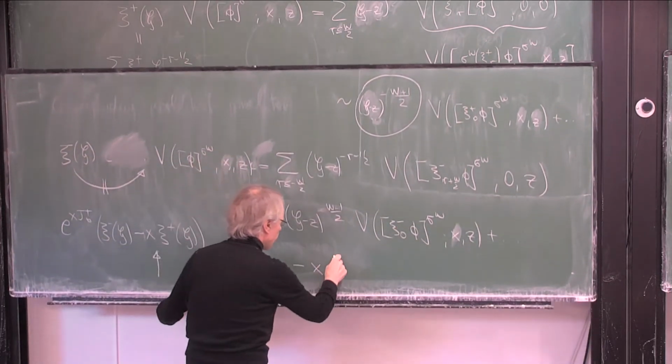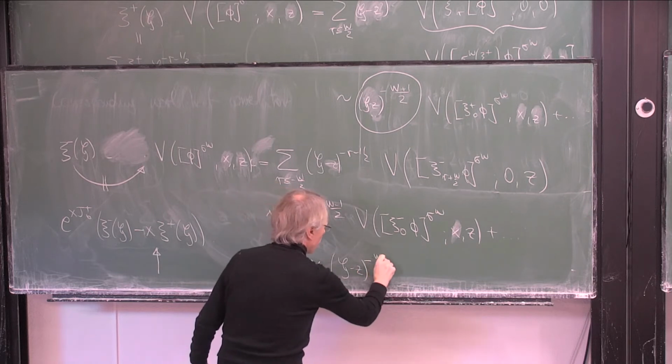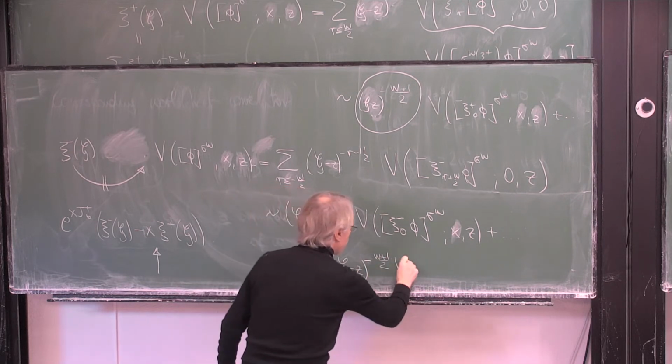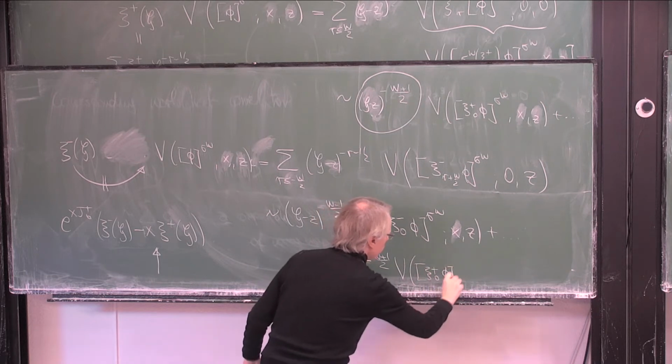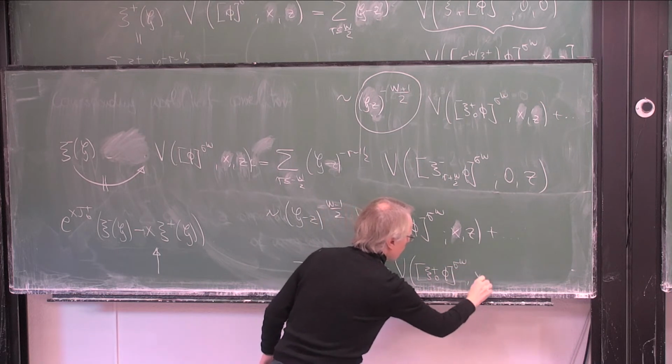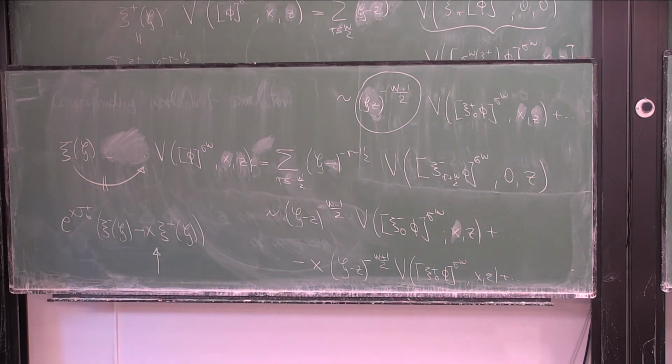So it goes like minus x times zeta minus z to the minus w plus 1 over 2 times this vertex operator, plus higher order terms from here. Is that clear? That's the crucial point.